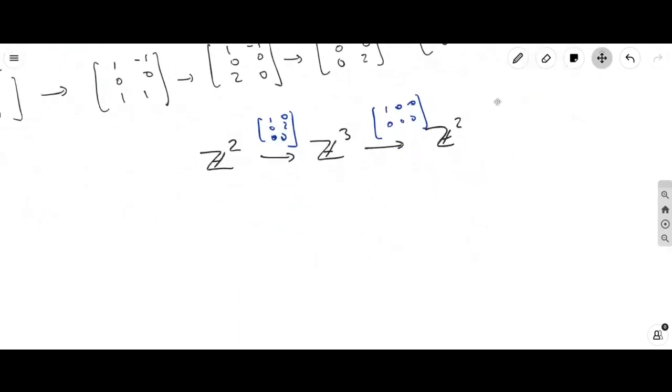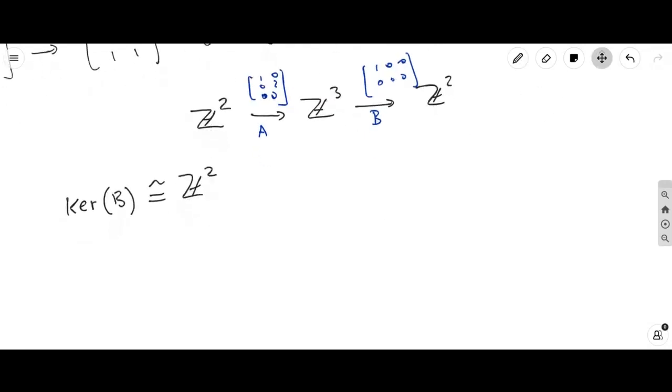So now you can calculate, so this is, let's say, A, and that's B. So the kernel of B, well, as you can see, the condition is that the first coordinate has to be 0, and there's no condition on the other 2. So this is just isomorphic to Z2.